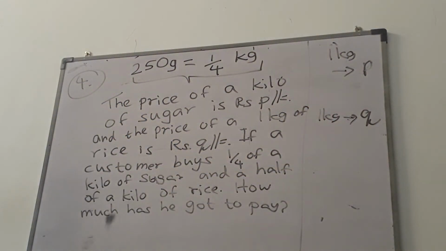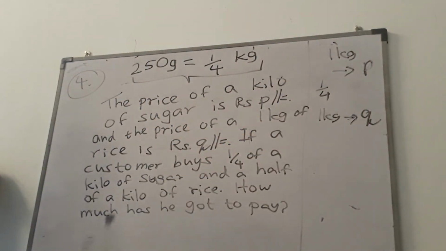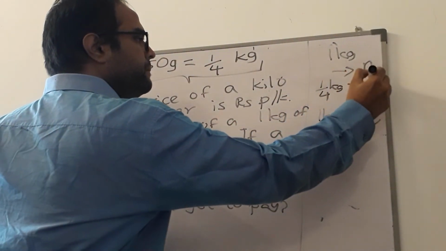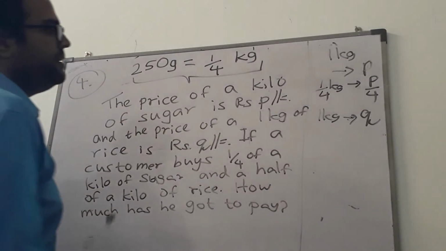If a customer buys 1/4 of a kilo of sugar, you have to divide P by 4, since the price of one kilo is P rupees.